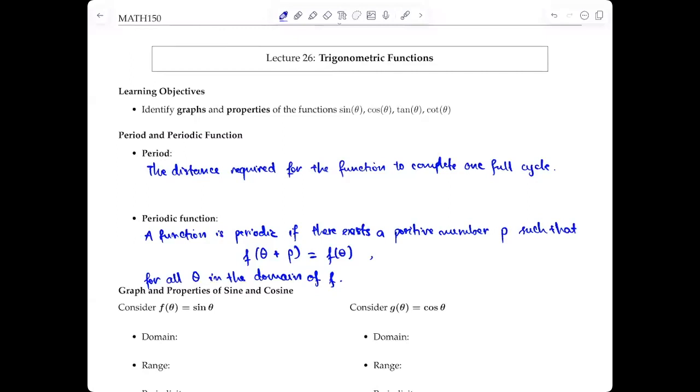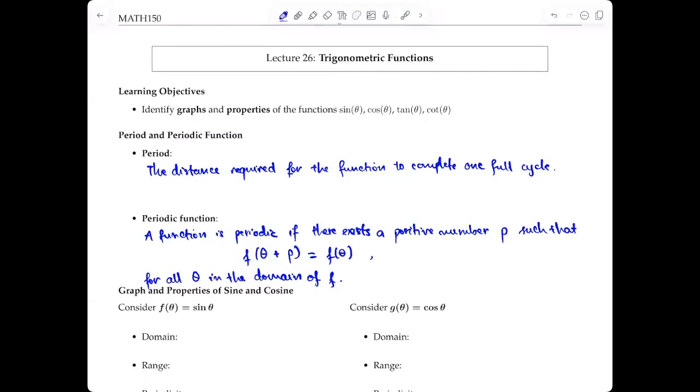You with me? And you can classify the function as a periodic function. Look at the formula here: cosine of theta is equal to cosine of theta plus 2 pi. You okay with that?